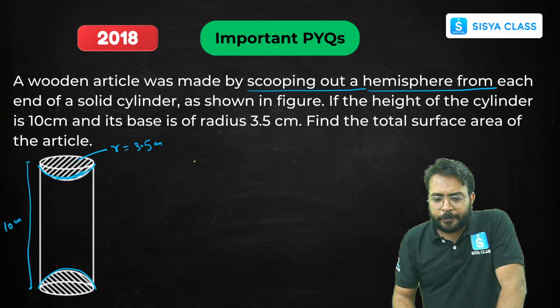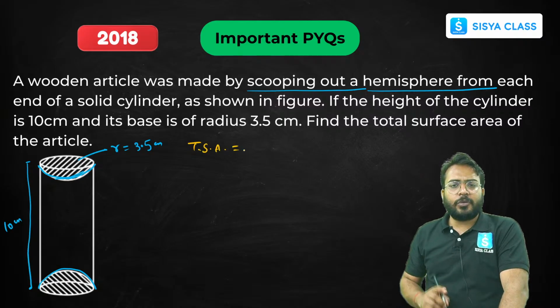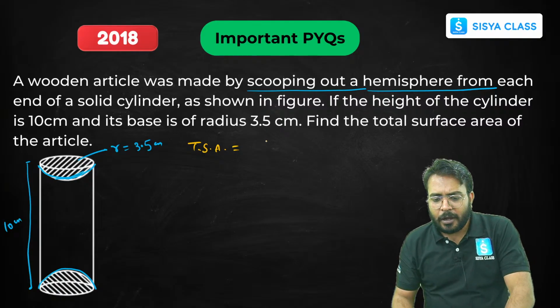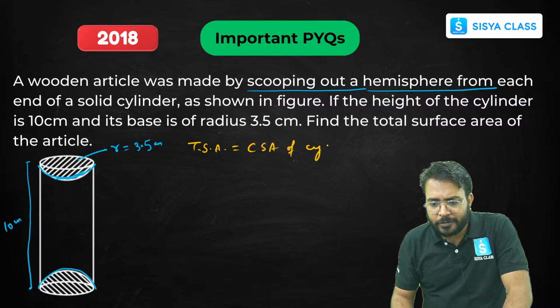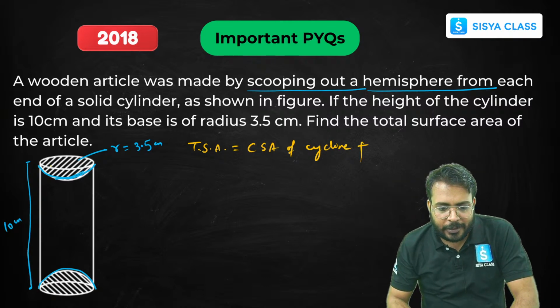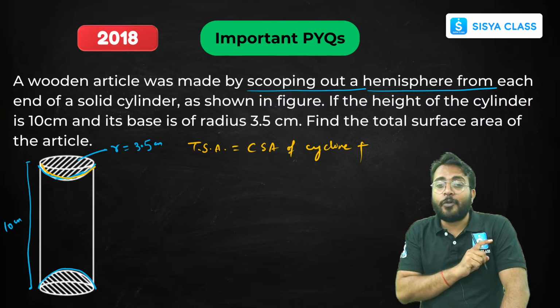What is going to be the total surface area? Total surface area means the curved surface area of your cylinder plus the curved surface area of your hemisphere.